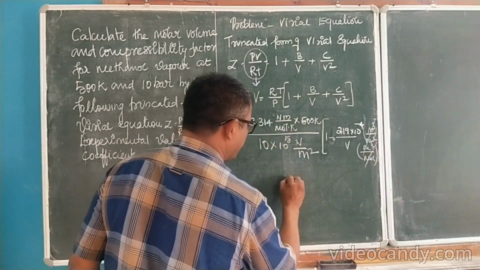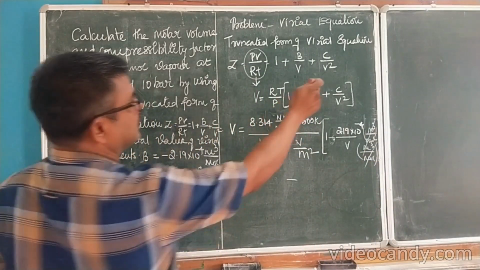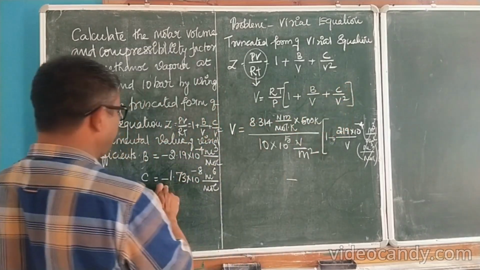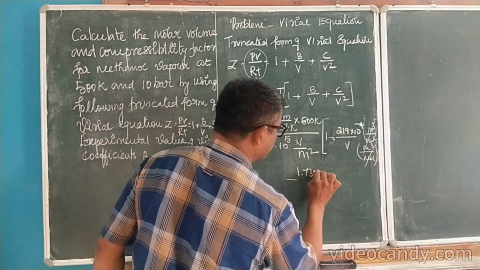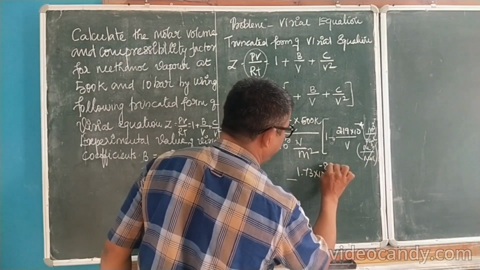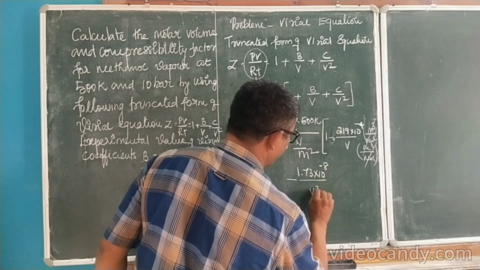Okay, minus C divided by V square. C is minus 1.73 into 10 to the power of minus 8 divided by V square.